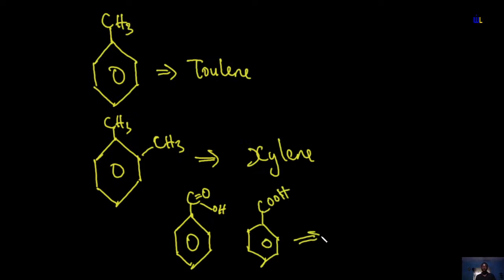In this case, this is what we refer to as benzoic acid. Once you have your carboxylic group attached to benzene, you now refer to it as benzoic acid. So this name is not going to be benzene, it's now benzoic.